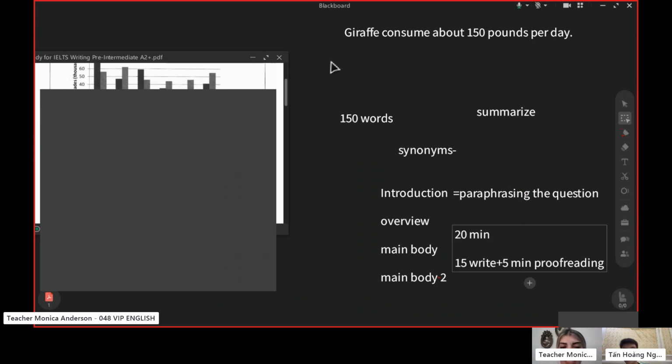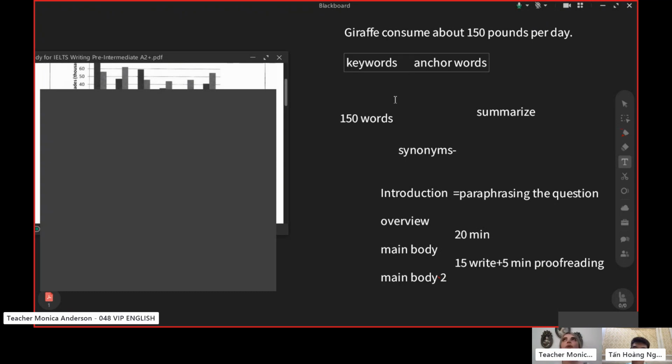For paraphrasing, you need to know keywords and anchor words. What does it mean? Keywords, anchor words.